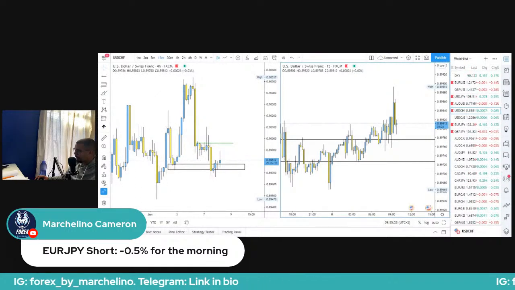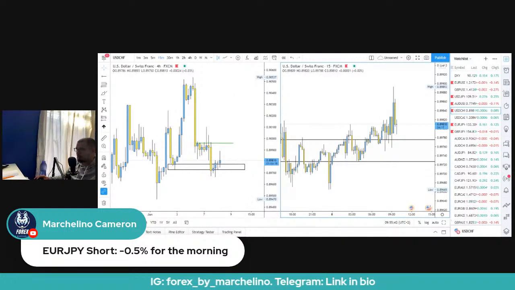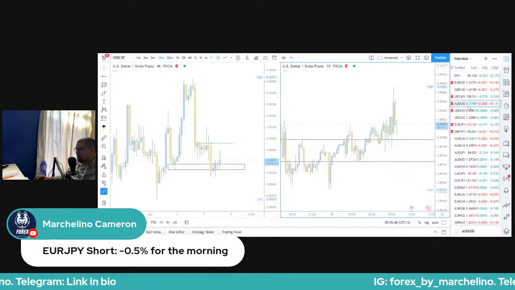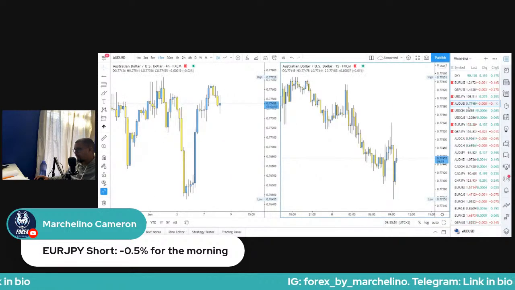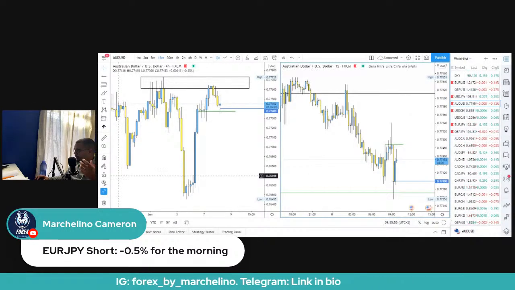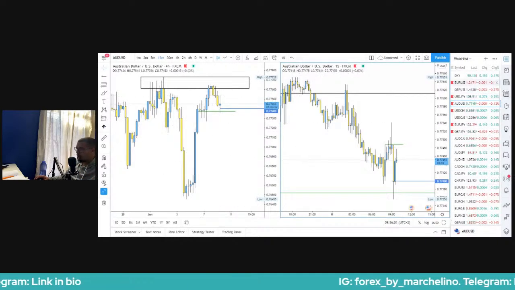That's what I'm seeing. Price is really just doing what it wants to do at the current moment. So especially with USD CHF, let's keep an eye on these other USD pairs so that we can see exactly what is actually going on in the market.